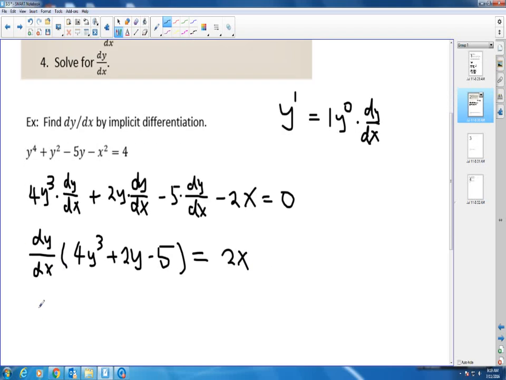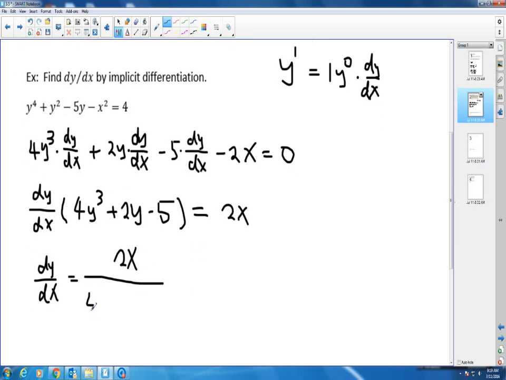Alright, to get dy dx by itself, I will divide both sides by this big old thing. So my answer, dy dx, will just be 2x over this big old thing, 4y to the third plus 2y minus 5.